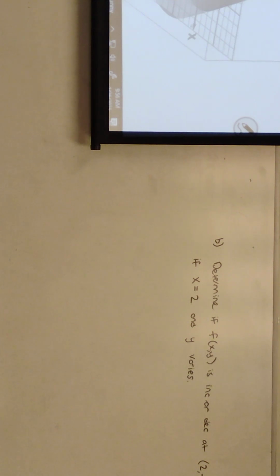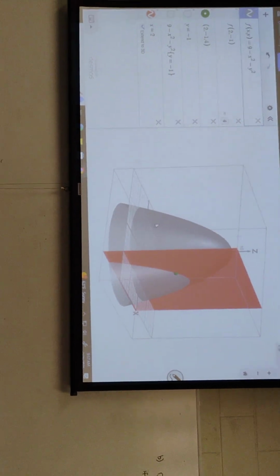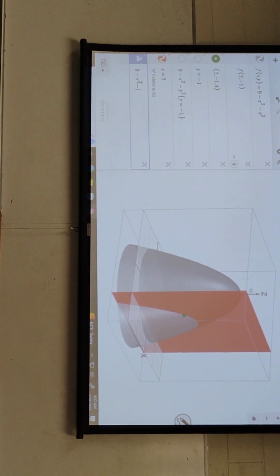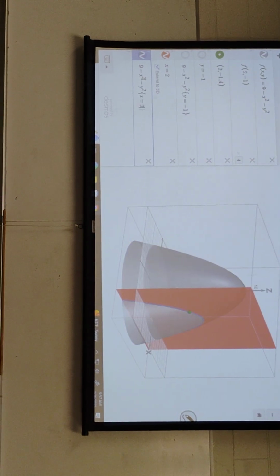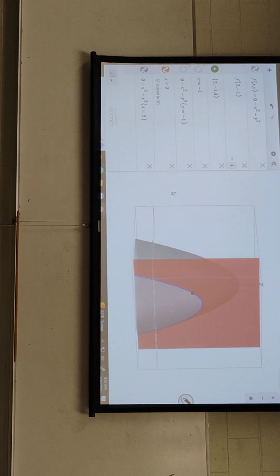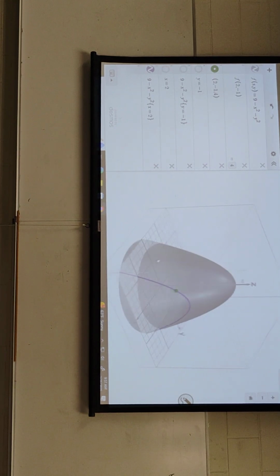So visually showing this, it's still the plane x equals 2 intersects with the surface. So to be super explicit, I'm going to draw that trace again. Turning off the plane just to see it better. This is now the intersection.